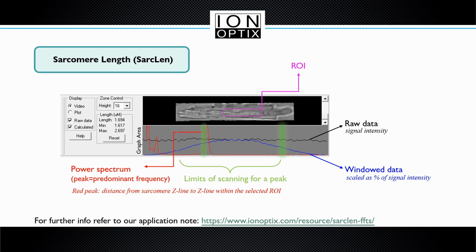The exact placement of the right-hand green line is seldom crucial, as long as it is sufficiently positioned to the right. When the cell and alignment are in good condition, there is typically minimal high-frequency noise. If you'd like to delve into the detailed calculations behind these lines, please check our linked application note.